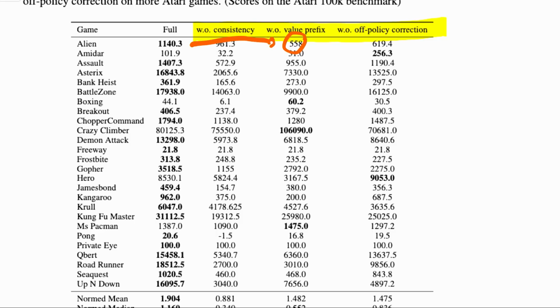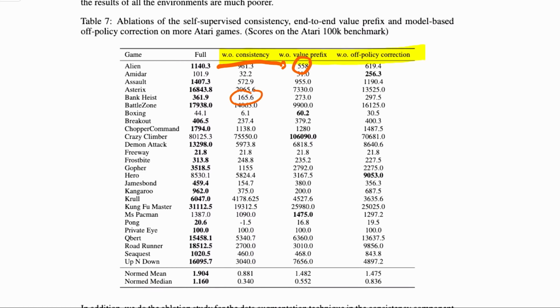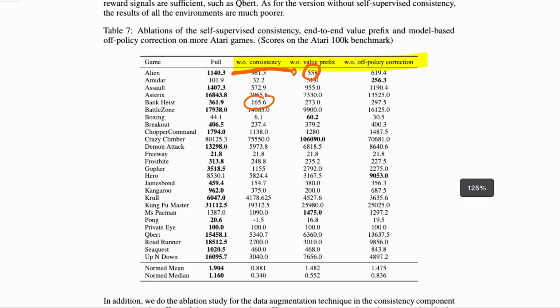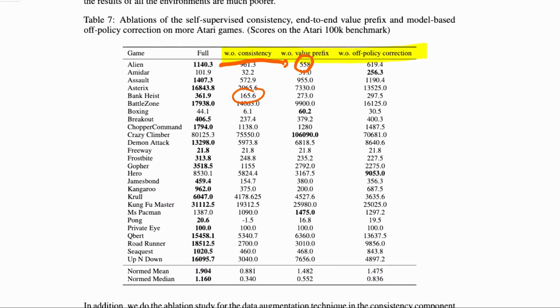And at other times, you can see right here, this one will be the most valuable. And at yet other times, some other one, like the last one, will be the most valuable. I don't see one right now, but I have looked at it, and there is no consistent thing. So that means that there's not a single recipe to make this thing better. It's a conglomeration, and for different Atari games, different things are important.